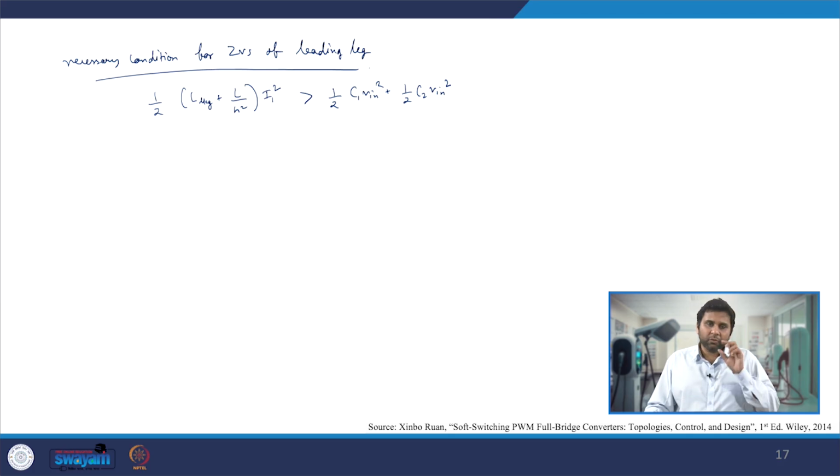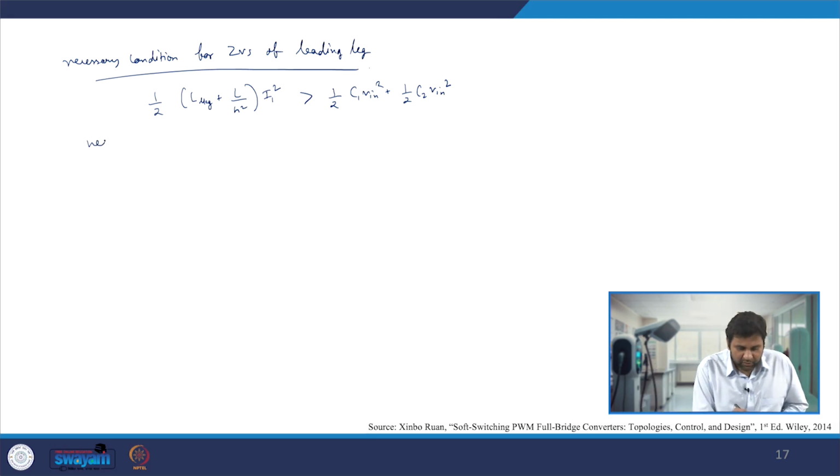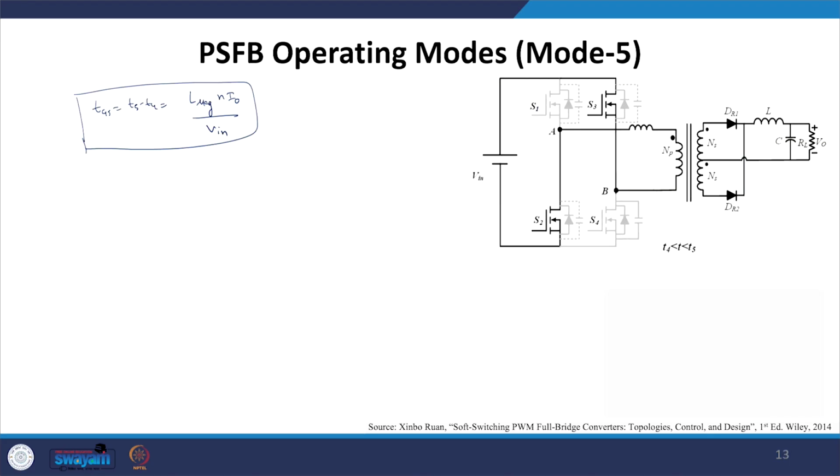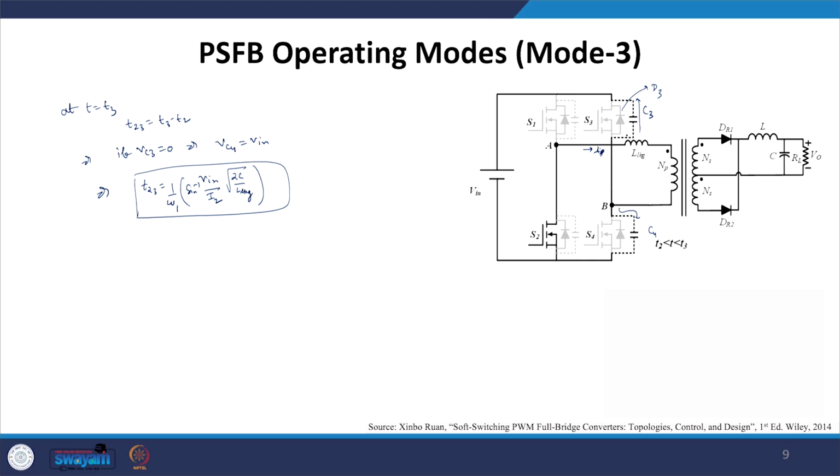Once the diode D2 turns on, you have the voltage across the S2 switch equal to 0, and that is when you can turn on the S2 switch. Similarly, if we look carefully, the necessary condition for ZVS of the lagging leg, in mode 3, is that it is L leakage which is coming in resonance with C3 and C4.